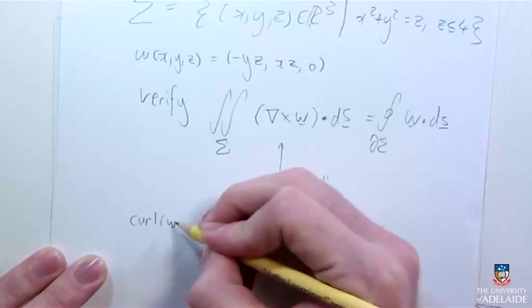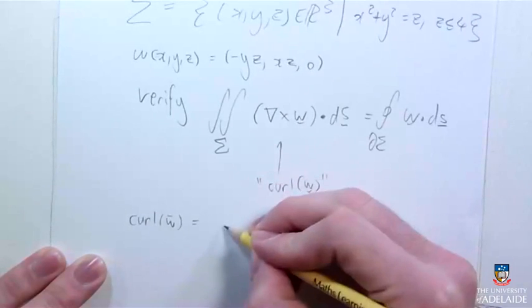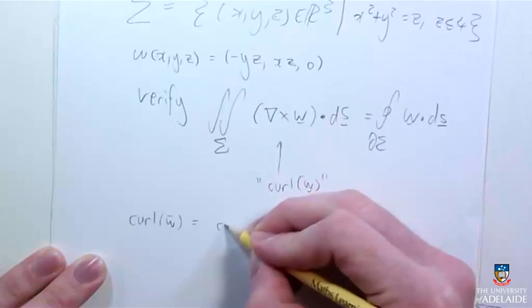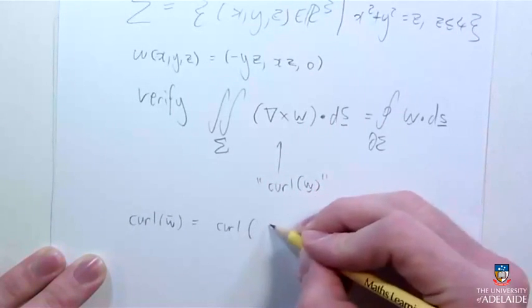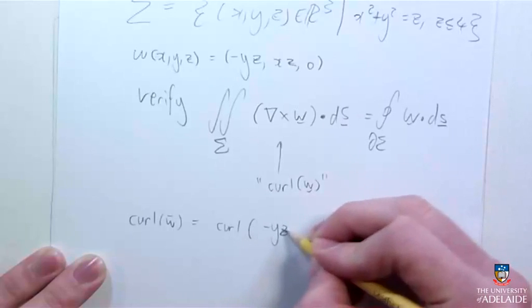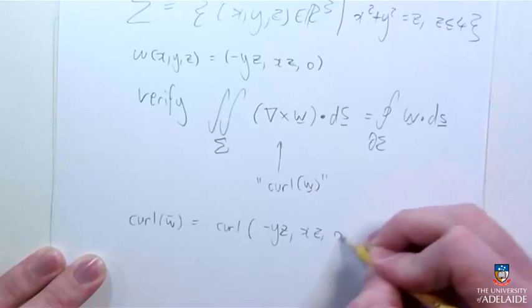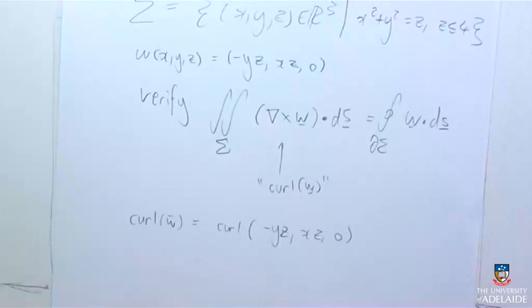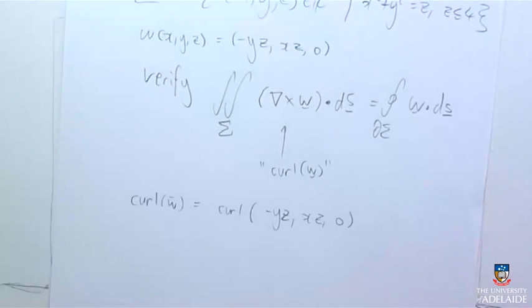So the curl of W is the curl of this thing. Now, how do you guys go about calculating a curl? Do you do a little determinant thing?